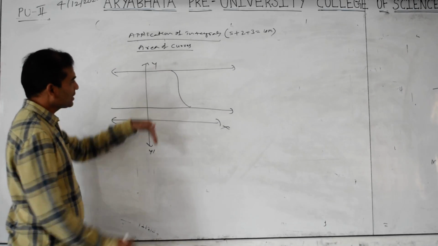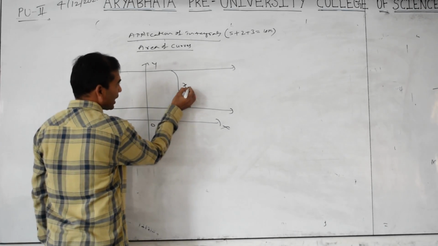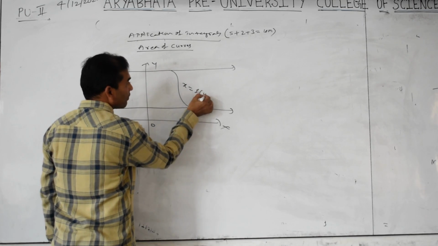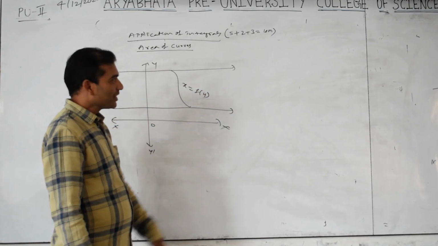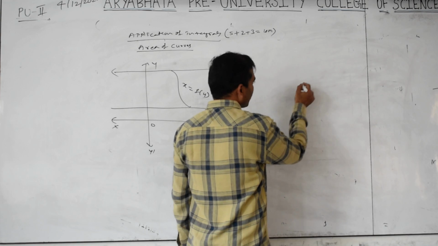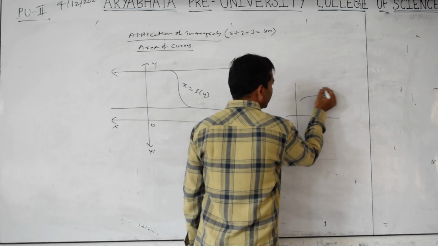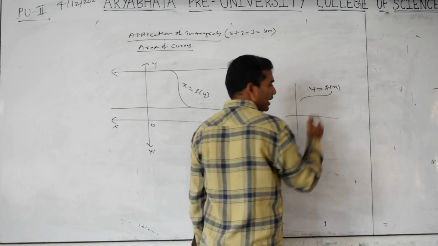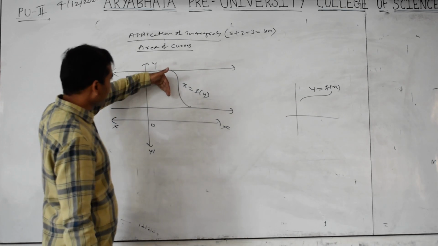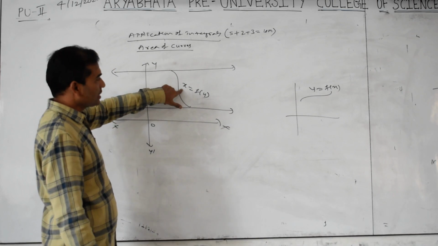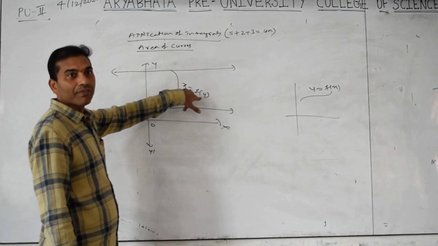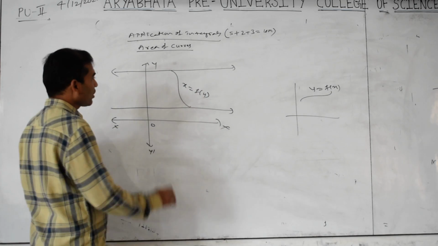If it is like this, the equation is in the form of x is equal to f of y. If it is like this, the graph is y is equal to f of x. If it is bounded by the y axis, then the equation is in the form of x is equal to f of y.